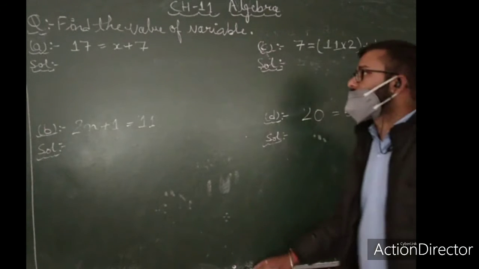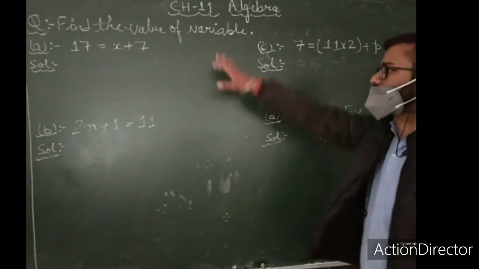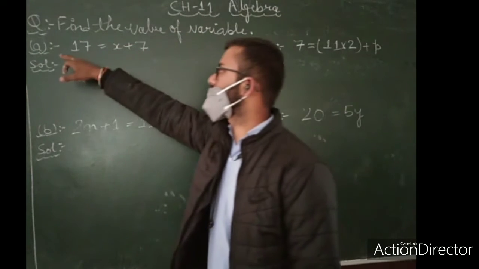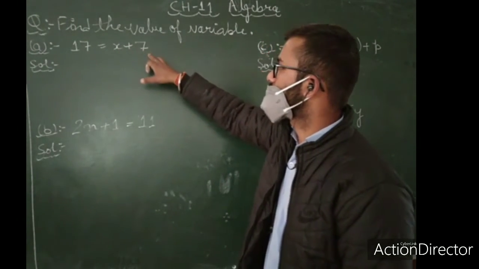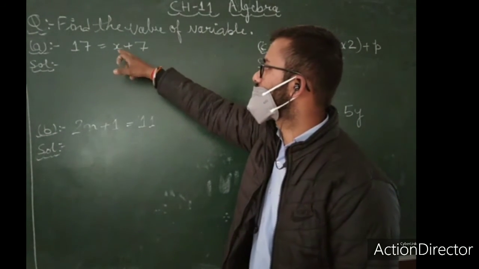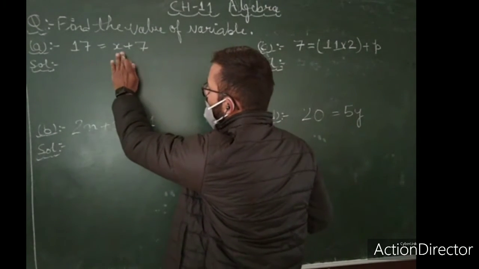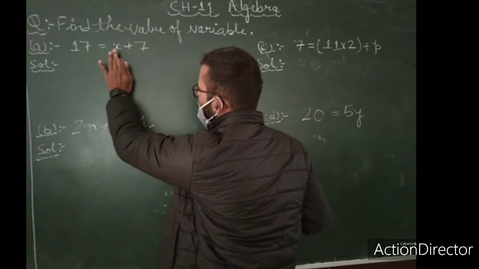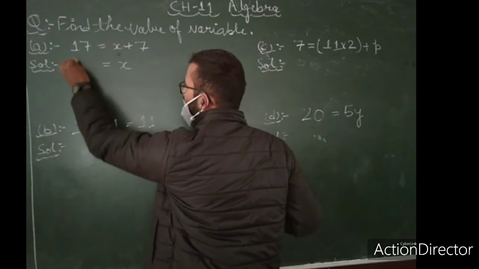Now students, here I solve some examples related to finding the value of variables. The first part of this question: 17 equal to x plus 7. Here there is a constant and x is a variable. We find the value of x. We change the place of x, the variable, and write it as it is, and we write 17 as it is.